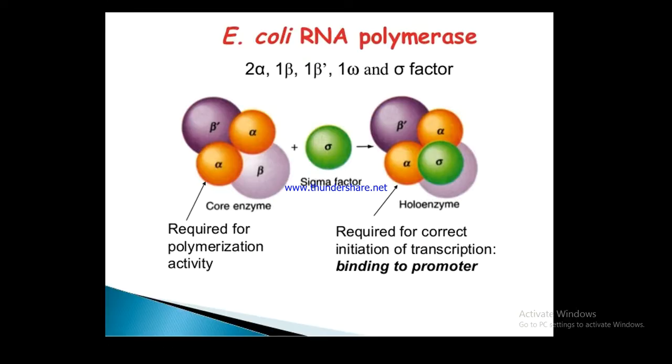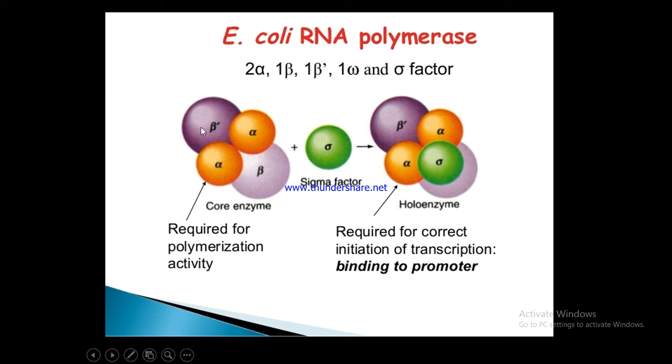Okay, so in transcription there are some enzymes involved known as RNA polymerases, and there are different RNA polymerases in prokaryotes and in eukaryotes. In prokaryotes, multiple subunits combine and together form a holoenzyme, and this holoenzyme works as the RNA polymerase.